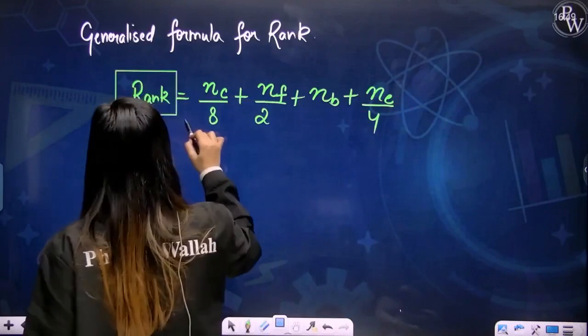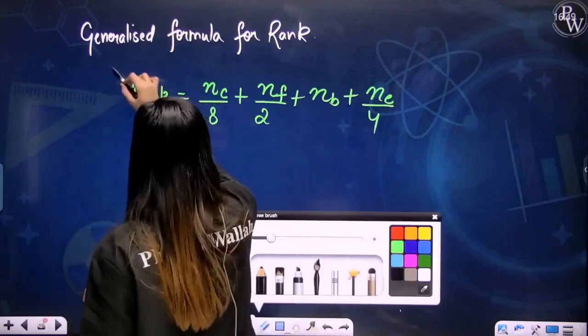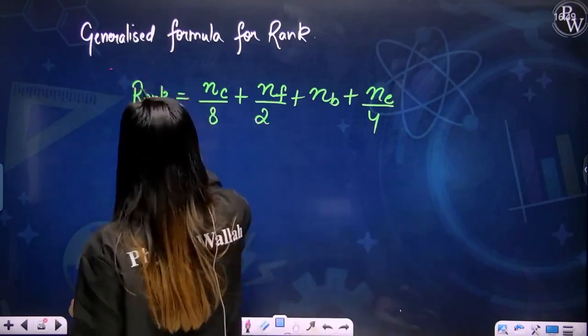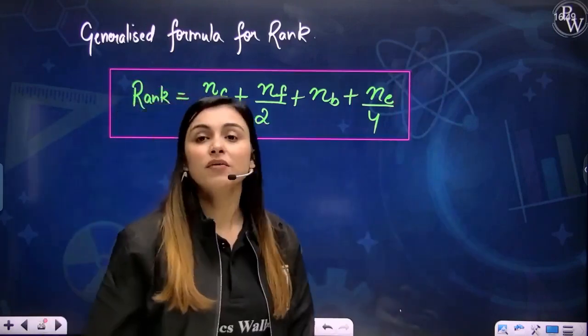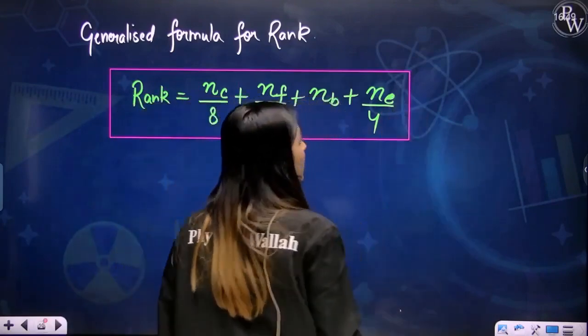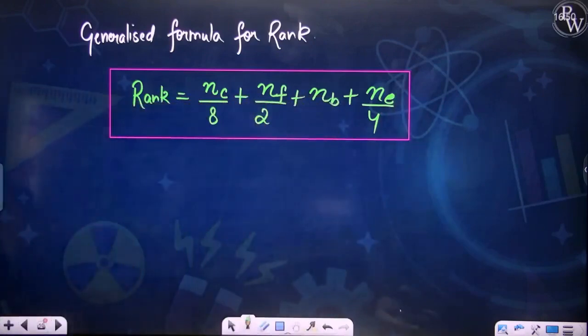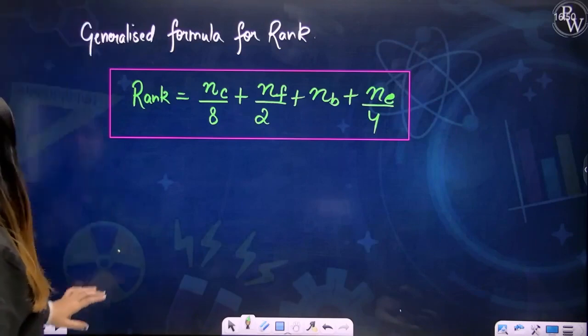So this is the generalized formula that you can use for calculating the rank of any unit cell. This is the formula we'll be using again and again. This is equation E. Perfect. You can write it down and then we'll move forward. I hope you've written it.